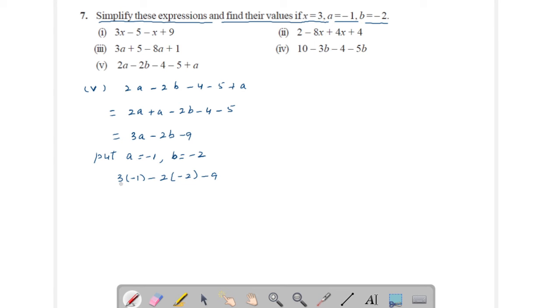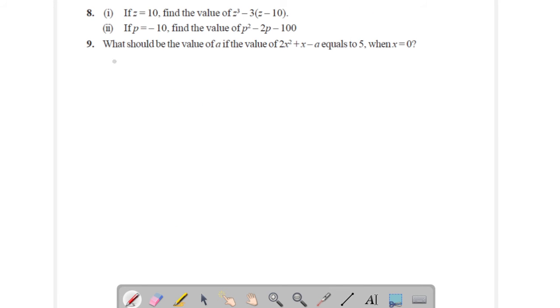Solve this. 3 into minus 1, it is minus 3, minus 2 into minus 2, it is plus 4, minus 9. Minus 3 minus 9, it is minus 12, plus 4. Minus 12 plus 4, it is minus 8. This is your answer.